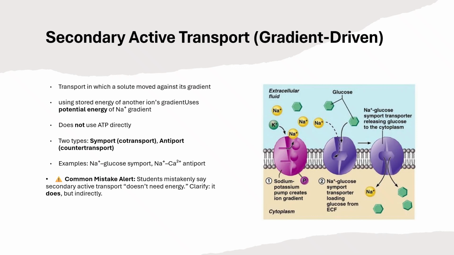If sodium enters but another substance is moved outward, the carrier acts as an antiporter. The sodium calcium exchanger in cardiac muscle demonstrates this perfectly. But the key message here for exams is that secondary transport absolutely requires energy, but it obtains it indirectly.